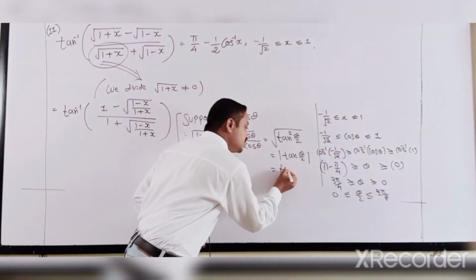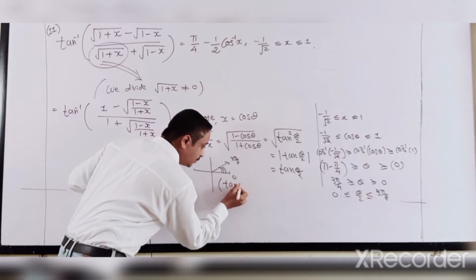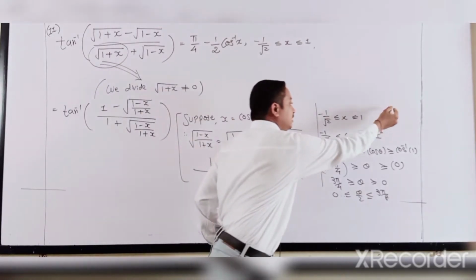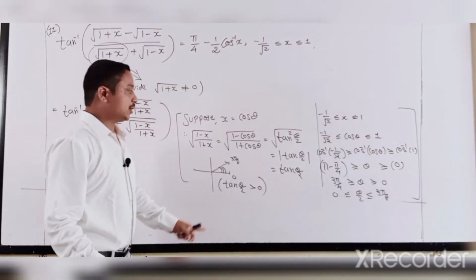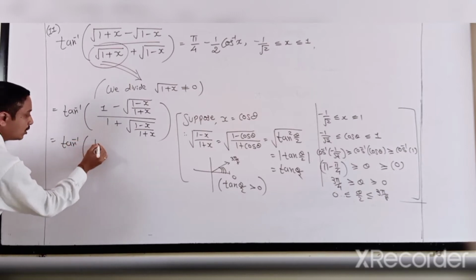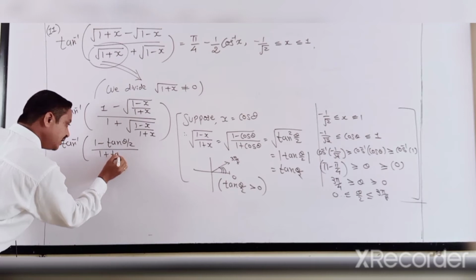That's why this value, tan theta by 2, is positive. And this condition is over here, students. All values are noted. Now my numerator is 1 minus tan theta by 2, and the denominator is 1 plus tan theta by 2.